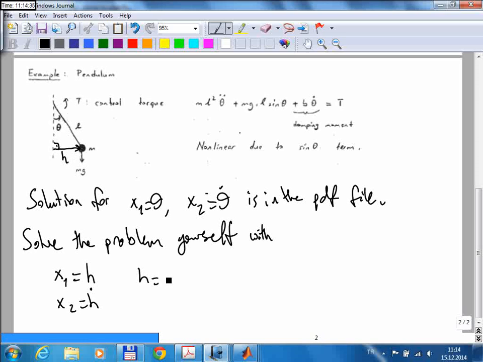So that means what? L times sine theta, right?